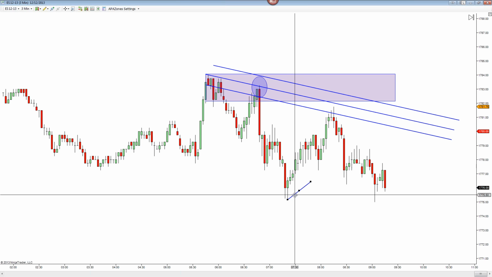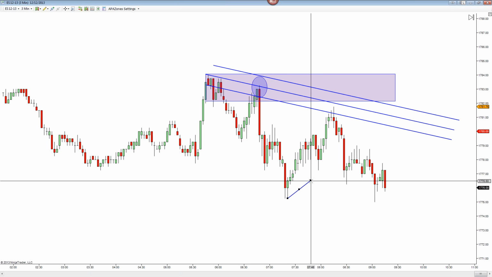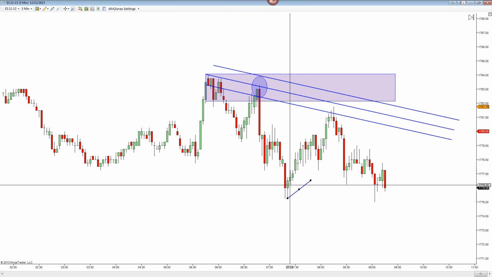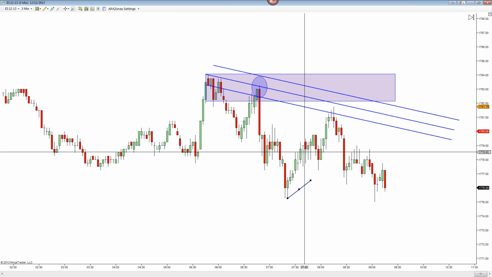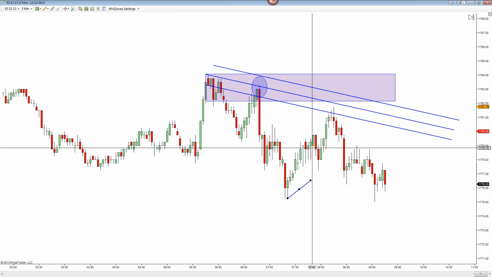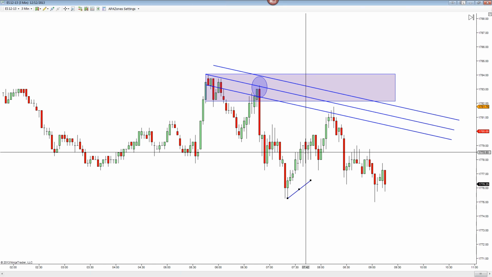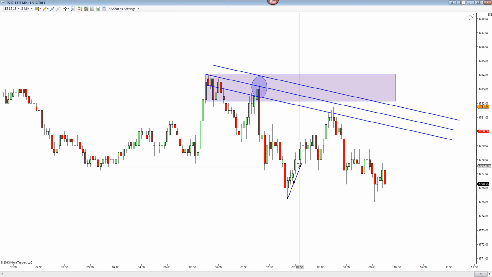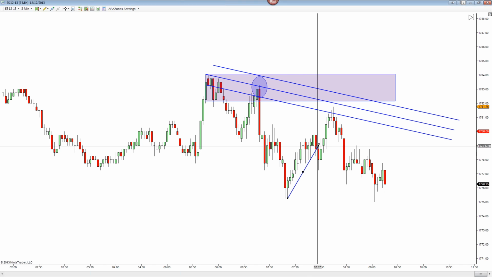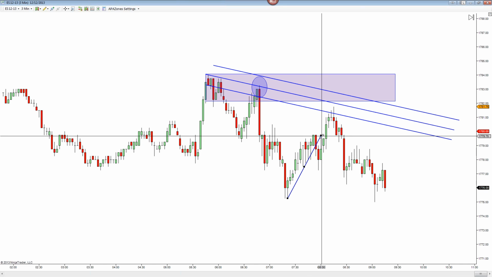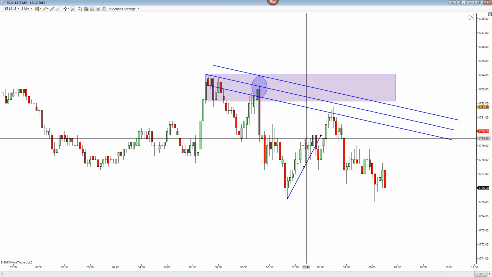The other thing that I also like to do, and maybe this will be a little bit better example, you see a low and then a green bar, you just see a ton of green bars in here. So the next thing to be watching for is on a trend line like this.